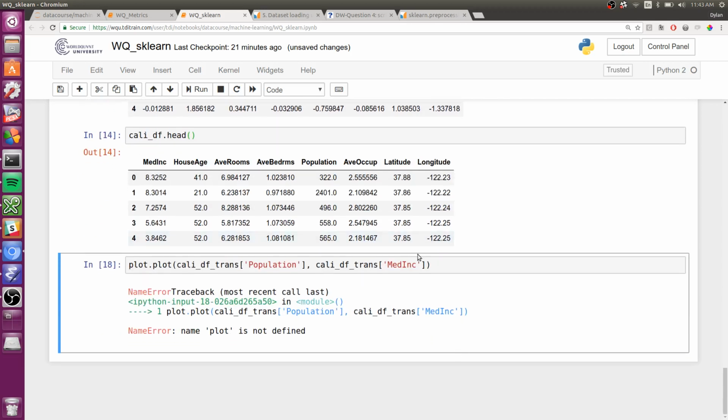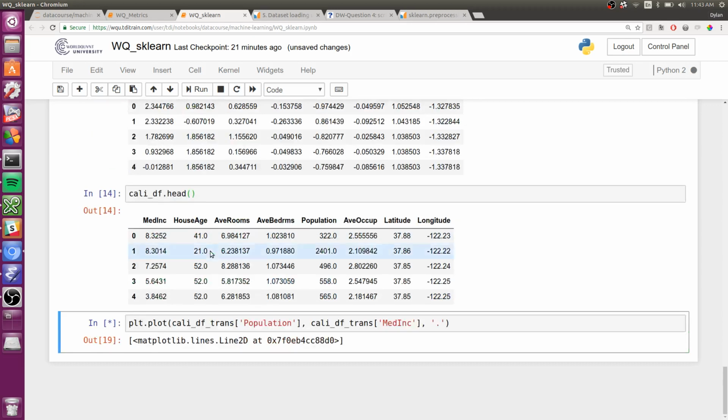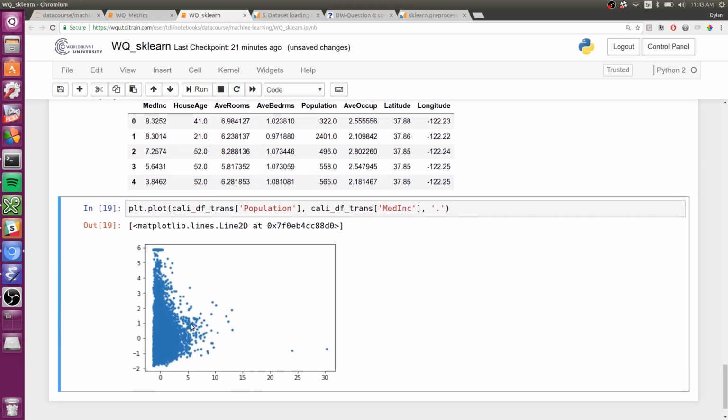So here I'm just plotting two variables, two features. We see median income. It's skewed. There's a larger reach on the positive side, but the mean sits here at 0.